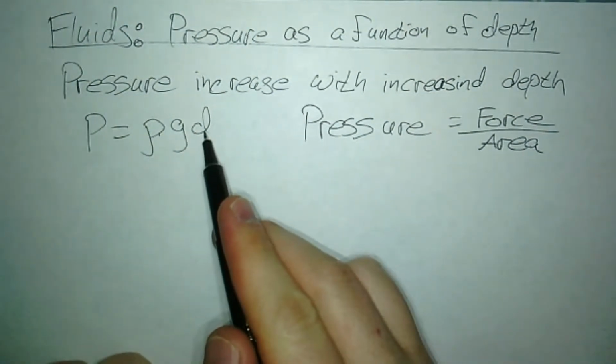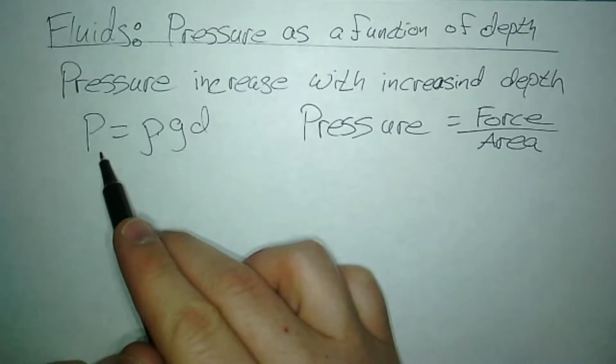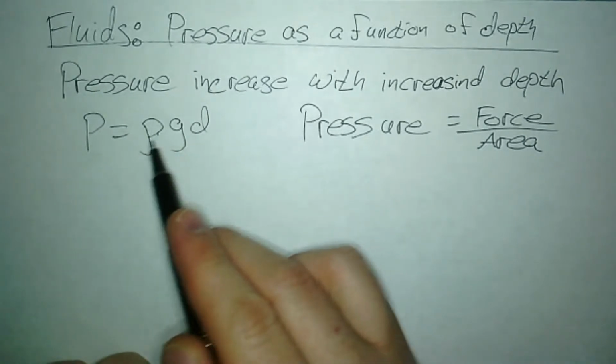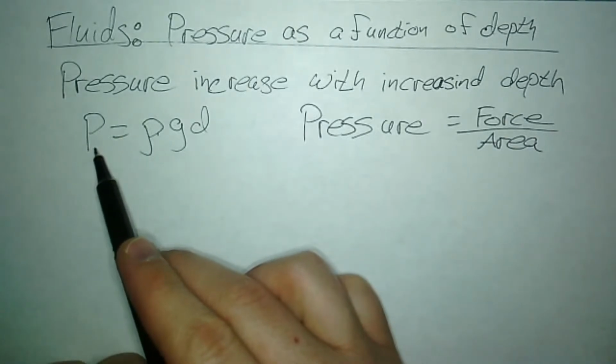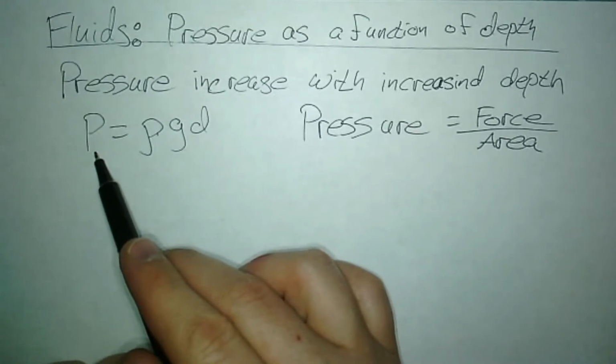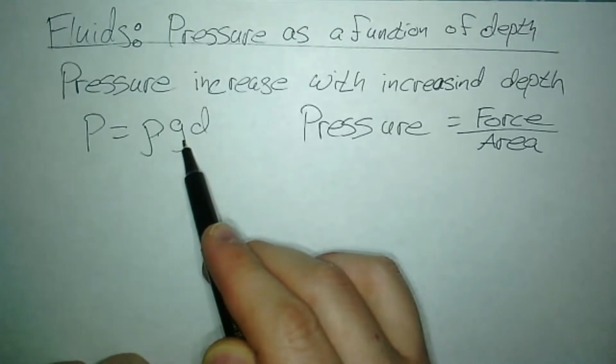And so if I divided both sides by d, I would now have something that looks like pressure over volume, and I would have weight over volume. Or maybe I can multiply both sides by area and would get something that looks like force on this side and then weight over here, right?